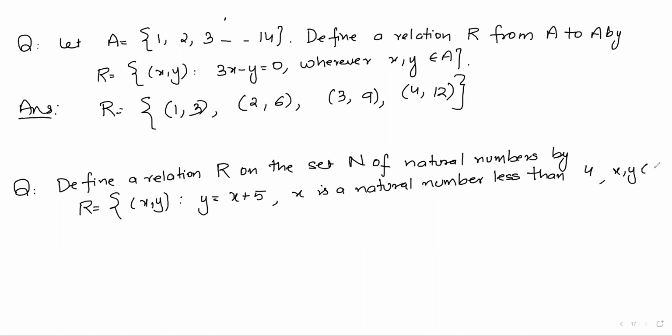X, Y belongs to natural numbers. So we need to find a relation. What is the relation? Y is equal to x plus 5, x is a natural number less than 4. Safan, please try to do this and tell me the complete ordered pairs.